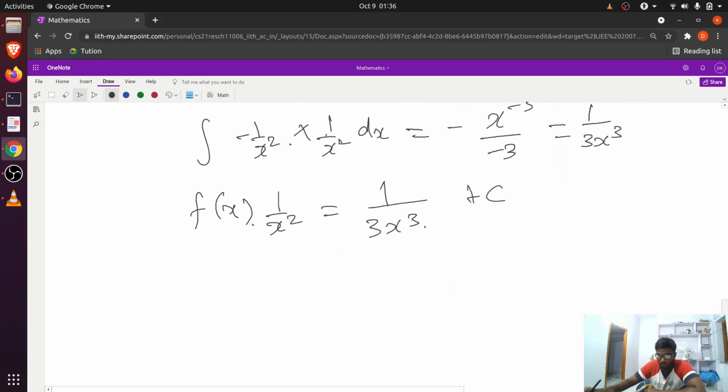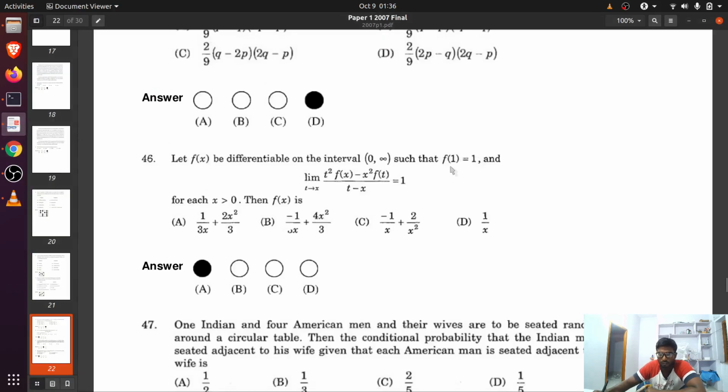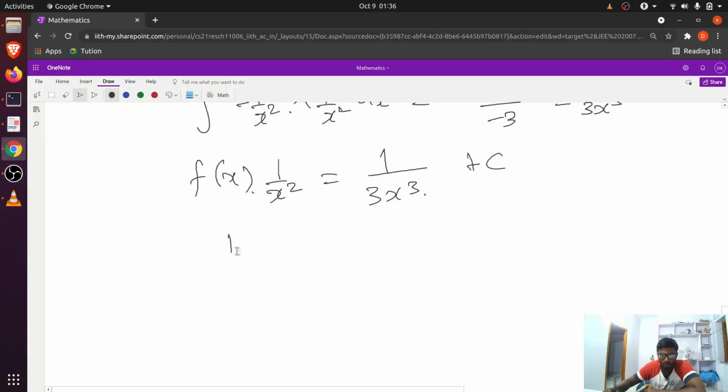So we want to solve for c. That can be solved by the condition given here: f of 1 is equal to 1. For x equal to 1 we will get c is equal to 2 by 3.